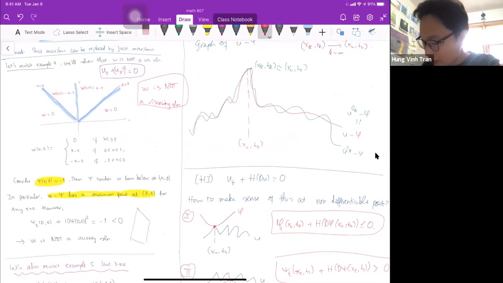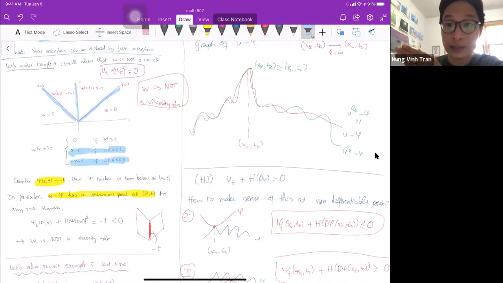Because remember that our function is sort of like going down like that. It's having a wedge down here, right? And the value down here is nothing but just minus t, right? You can take the value x minus t or minus x minus t, when x is 0 it is exactly minus t.